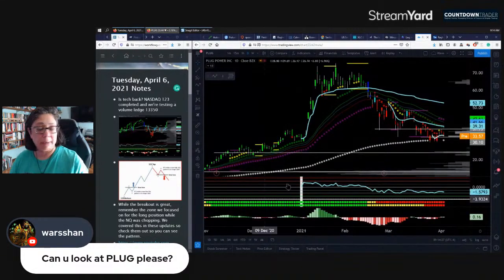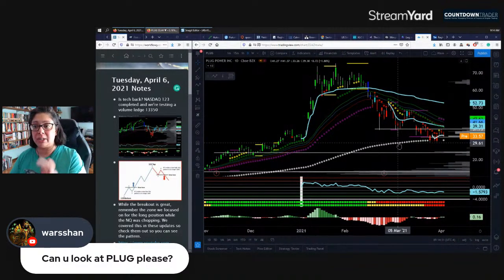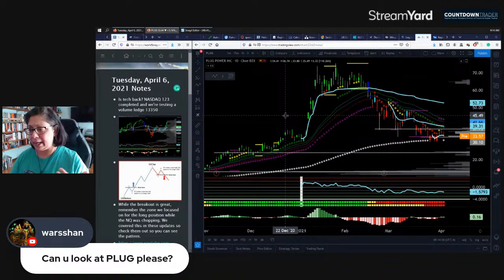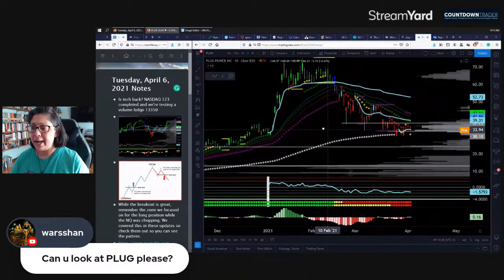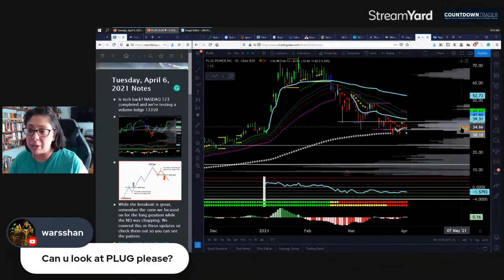Plug. Sure, downtrend. Look, these are some of those markets that were just hammered when we rolled over in tech, and Plug and Blink, and this is definitely one of them. Now, see this 200 EMA? This actually reminds me a little bit of something I pointed out about silver in the notes that I've shared with you all. 200 EMA, kind of bouncing along a -2 standard deviation of the volume weighted average price, clinging to a volume ledge.